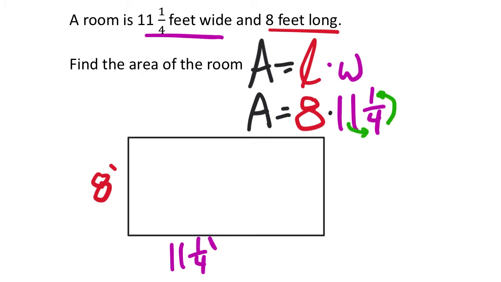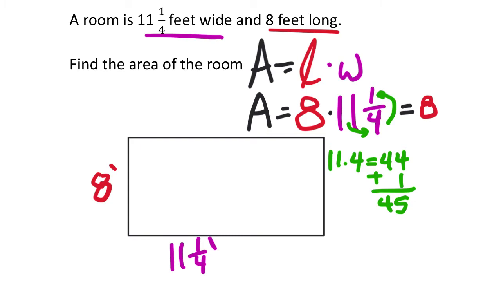So instead of 11 1/4, 11 times 4 is 44, and then add the 1 to make 45. Now that's a new fraction, by the way. It's still going to be 8 multiplied by that. But the numerator is 45, and the denominator stays the same at 4. Now there's multiplication. So that 8 also, I'm going to change into 8/1.